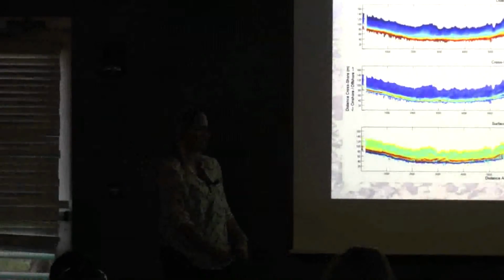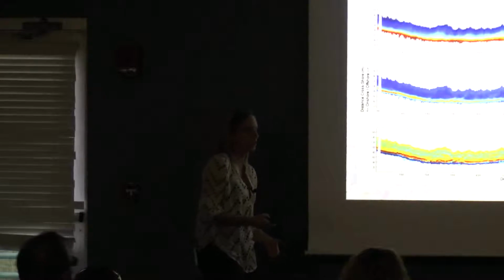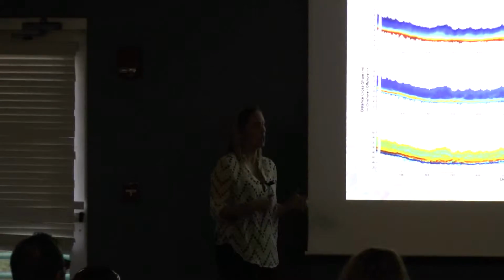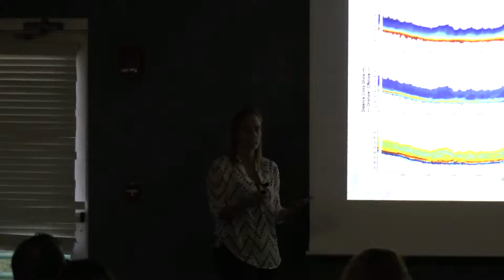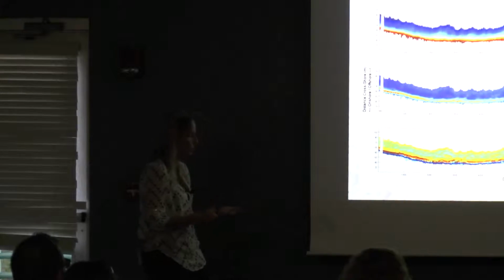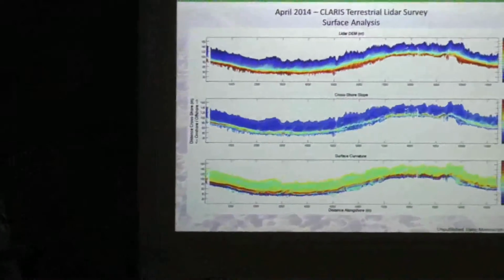Curvature is basically the second derivative of the surface, so that's finding places where you have changes in slopes. Places that have changes in slopes would make features like scarps stick out well, so peaks in that curvature should be highly apparent. And so that's what your surface curvature looks like.